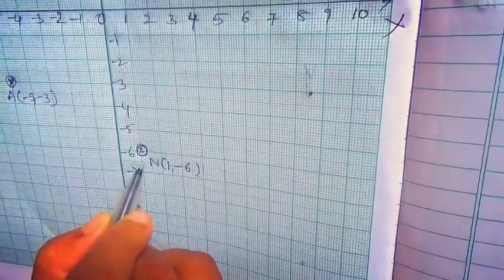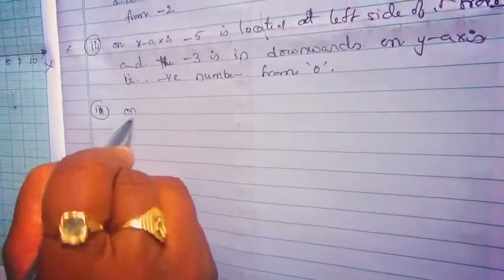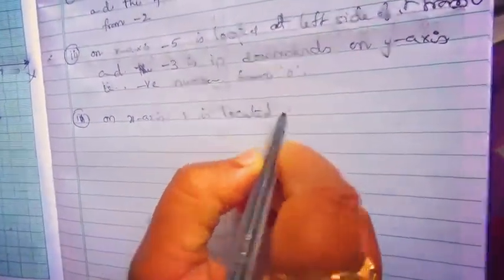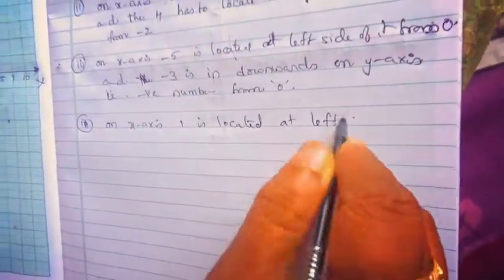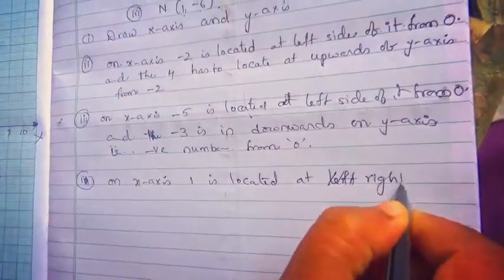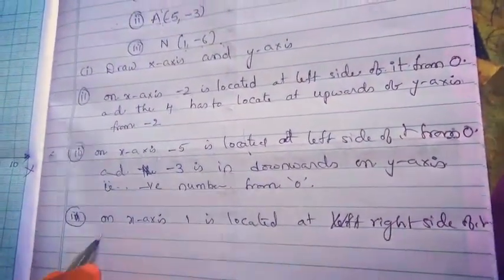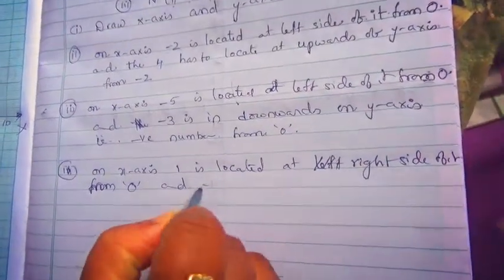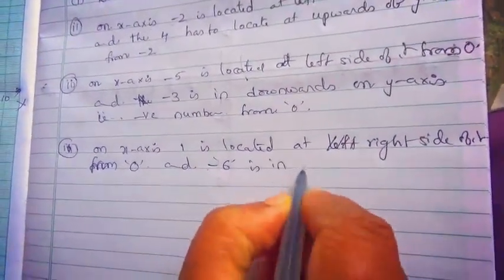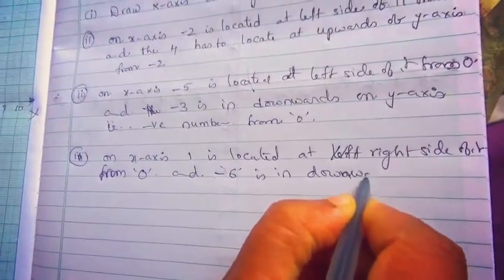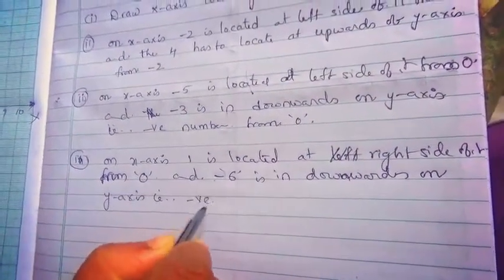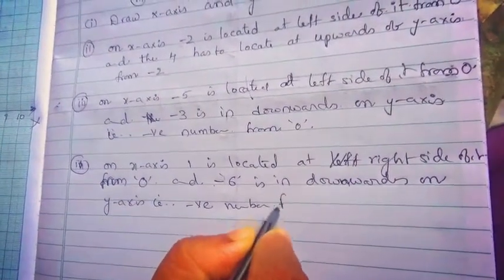How did we identify that? On the x-axis, 1 is located at the right side from 0, and minus 6 is downwards on the y-axis, that is a negative number from 0.